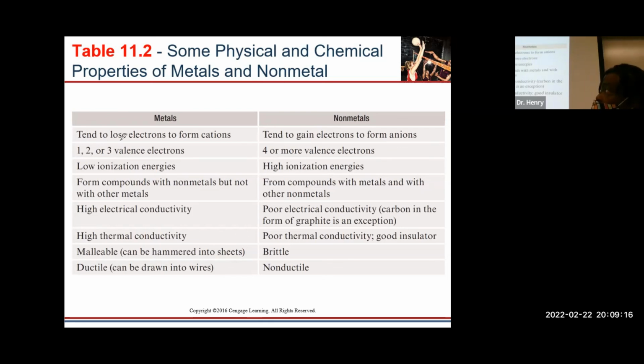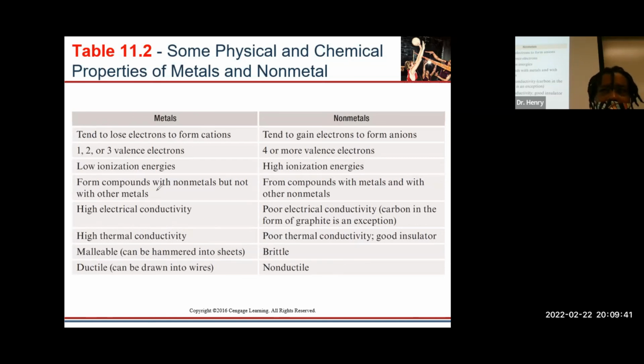So metals tend to lose electrons, so they form cations. Non-metals tend to gain electrons, so they form anions. So you'll have 1, 2, or 3 valence electrons. They have low ionization energy. They form compounds with non-metals, but they don't form compounds with other metals.